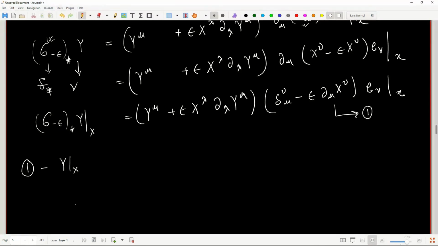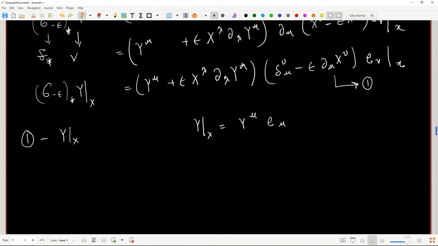And that was just what? This y of x can be written as some y mu e mu, right? So we just have to subtract it from 1, and let's try to do that.